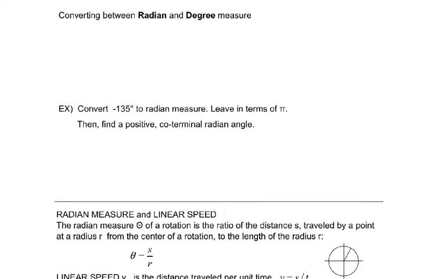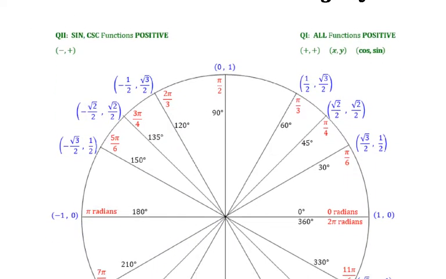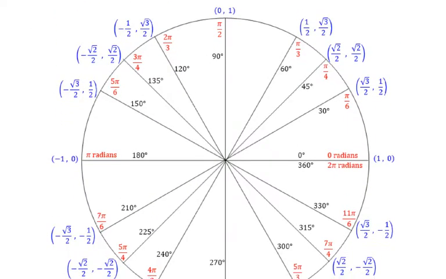Welcome back. In this video, we're going to begin to think about converting between radians and degrees. Previously we've talked a little bit about this unit circle, and each of these measurements on the unit circle has both a degree as well as a radian measure.